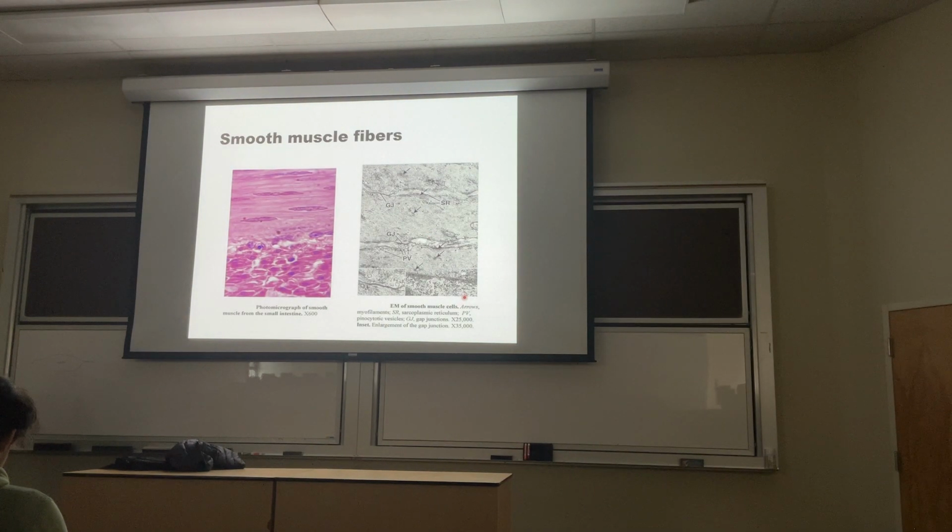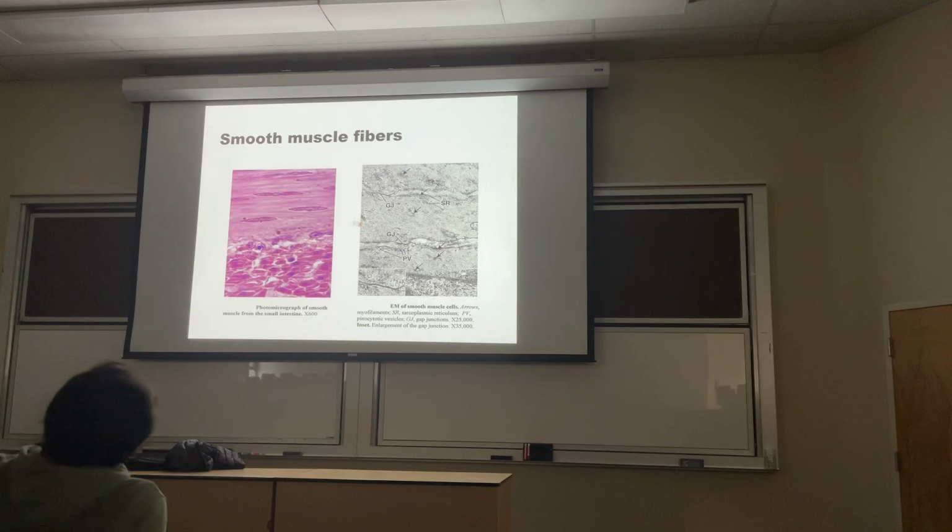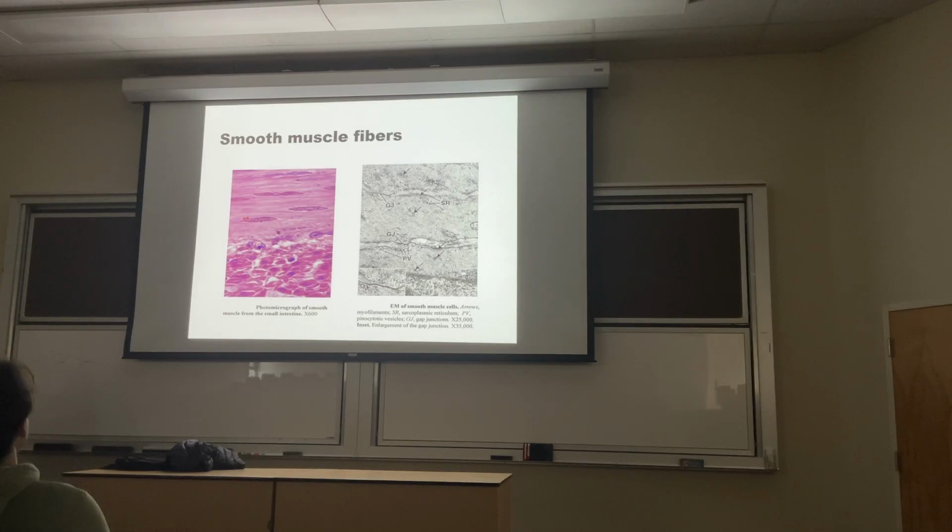Now, as we look at the actual images, here is the light microscopy image, and here is the electron microscope image. These are smooth muscle, these are the nuclei. You notice that the smooth muscle cells are tightly packed together.